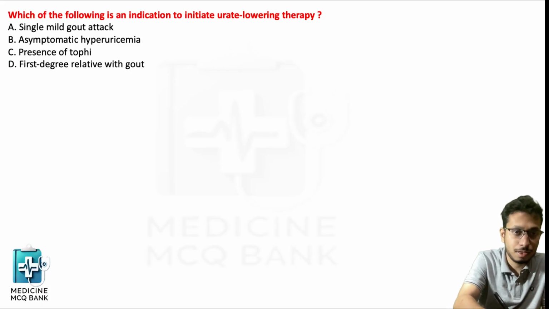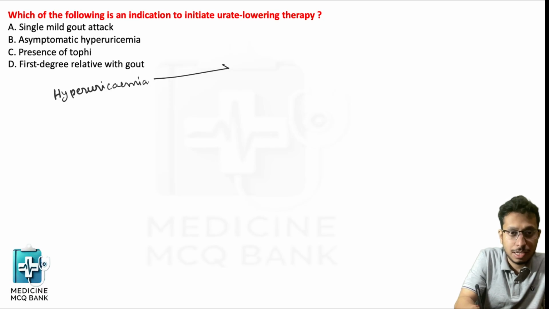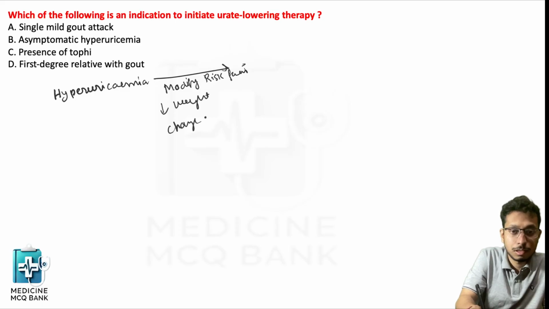So, when there is hyperuricemia, you don't straightaway start urate lowering therapy. First, advise the patient to modify risk factors in the form of reduction in weight, change of diet, or abstinence from alcohol.